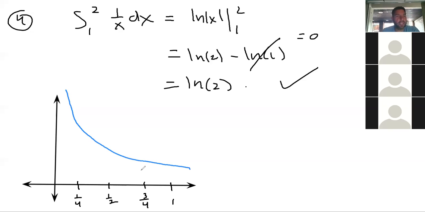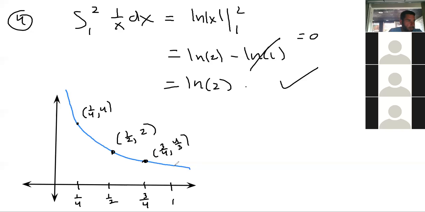And so what I'm suggesting is if I look at this region from here, so what's this point right here? Well, this is the point 1/4, comma 4. And this is the point 1/2, comma 2. And this is the point 3/4, comma 4/3. And this is the point 1, comma 1. And so the purpose of this problem is for you to make a connection here.